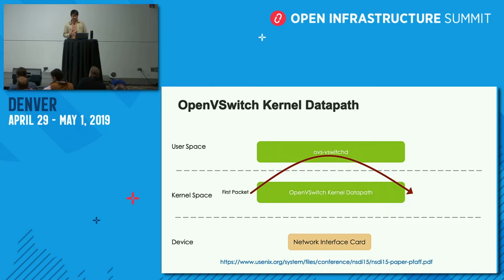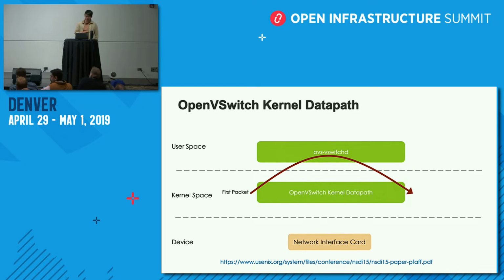Open vSwitch uses a mechanism similar to fast switching in hardware devices to forward packets. When the Open vSwitch kernel datapath receives the first packet of a network connection, it actually doesn't know what to do with it, because all the OpenFlow flow tables are stored in ovs-vswitchd in user space.